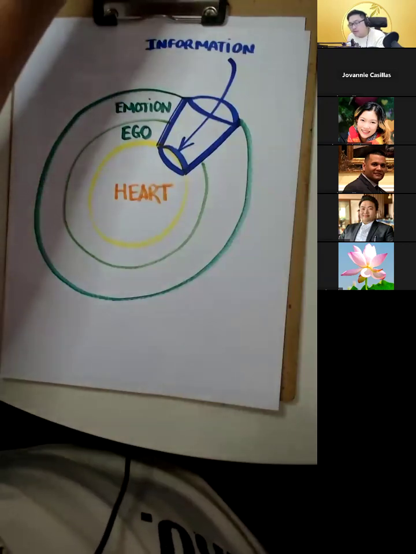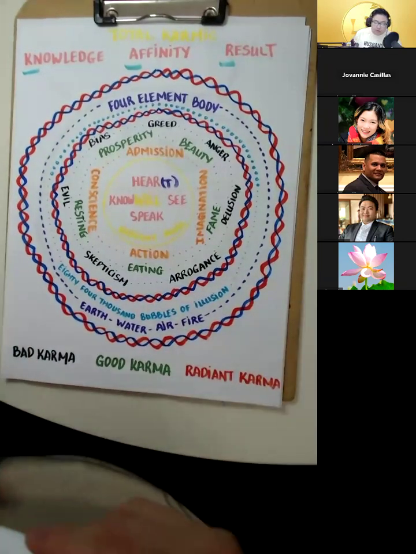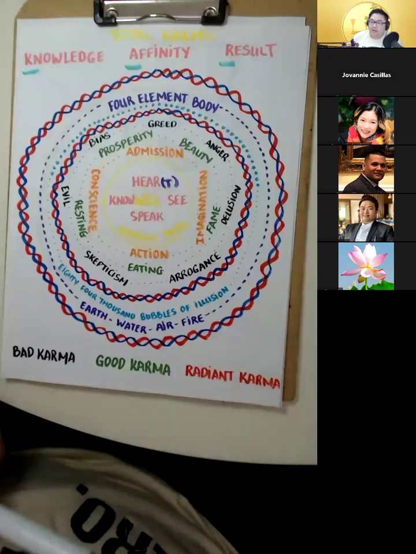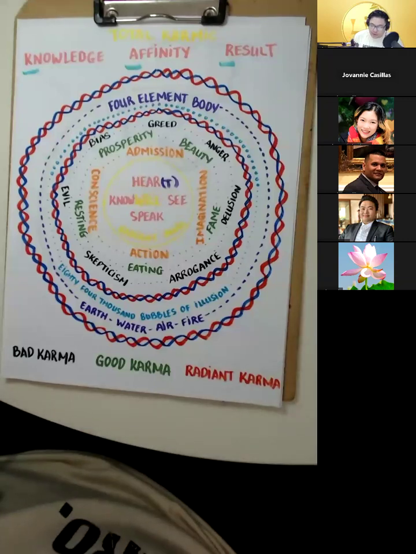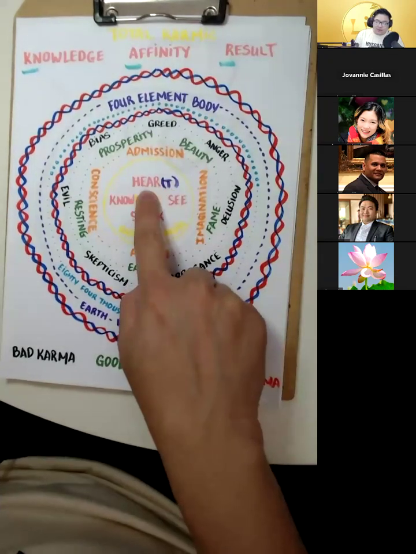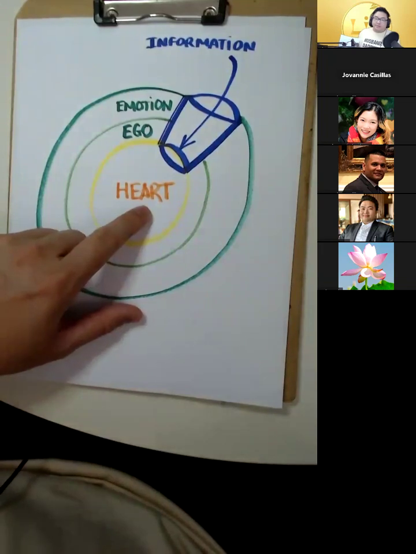So one thing very interesting that Giovanni brought up is the will to hear. And what Giovanni said earlier, if somebody caught it, is that if we add the letter T to hear, we have the word heart.